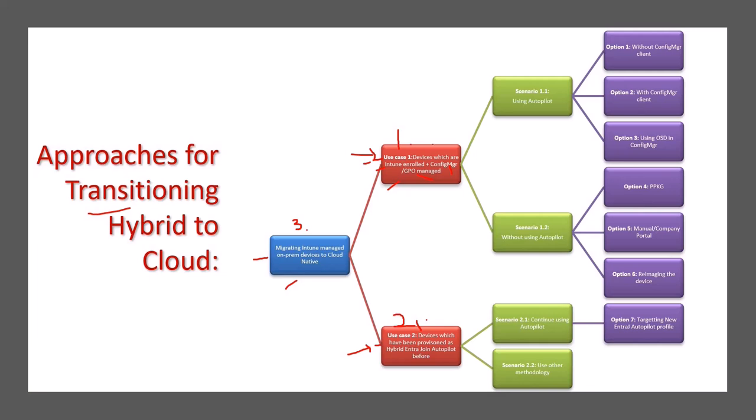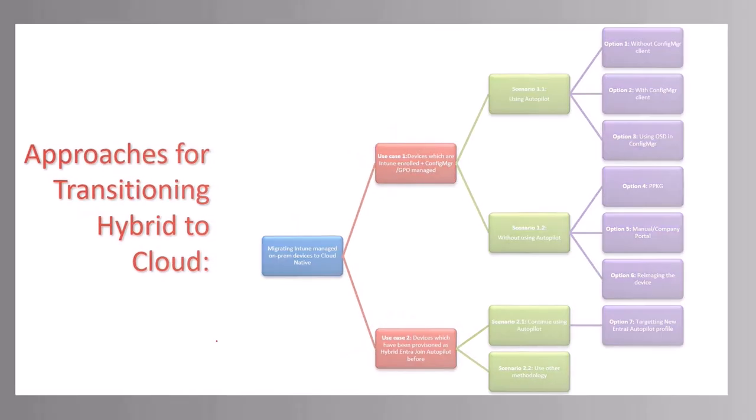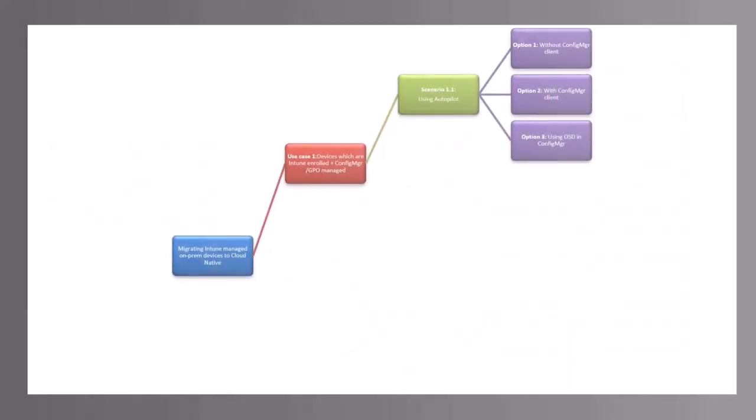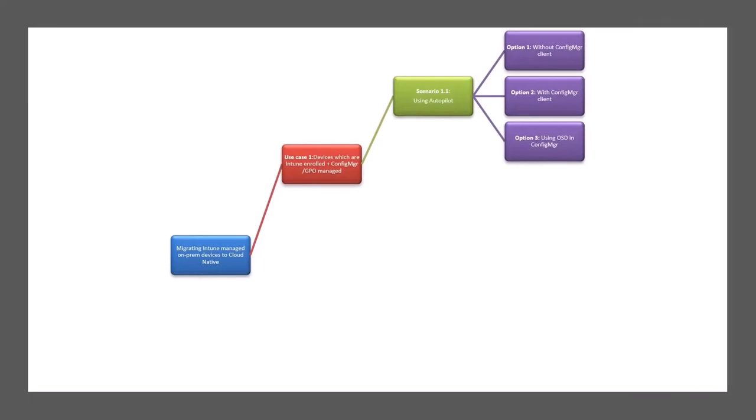If your current status is this, then you have got these two options, and inside of these two options you have got 6 options. We are going to decide all of that one by one, and if the use case is 2, then you have other options. Okay, now let us understand each scenario one by one.